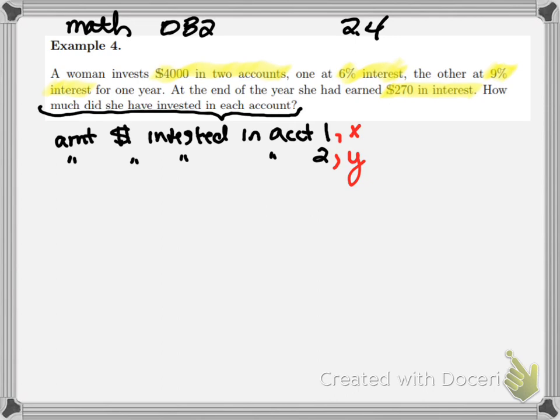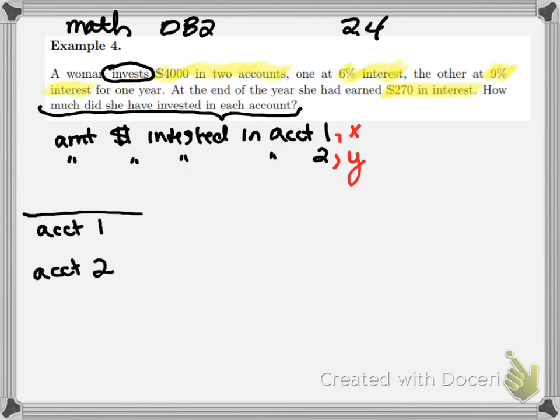Okay, so anytime that I have a word problem where there just feels like there's a lot of information, I like to organize it into a table. The first thing that this problem is talking about is how much money this woman invested, so I'm going to make that my first column, but first I want to write my rows.